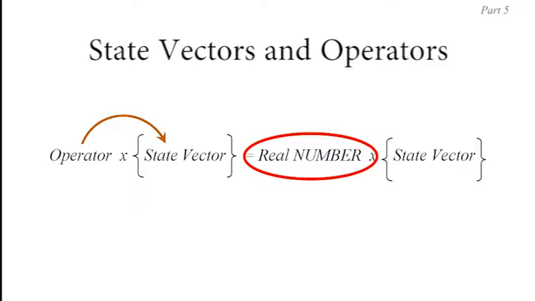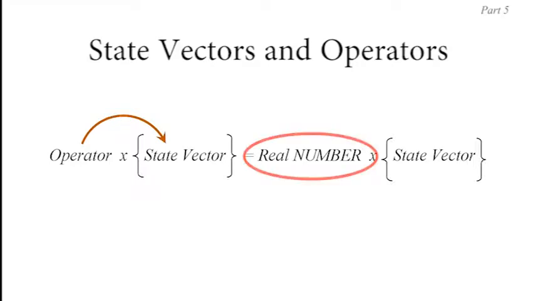This will be a definite measurement. There'll be no uncertainty about this measurement, and depending on what operator we use for the x or y or z direction, it would tell us whether the spin is definitely left or right if it was x, definitely in or out if it was y, and definitely up or down if it was z. The probability will be 1, a definite measurement if we get this real number multiplier.